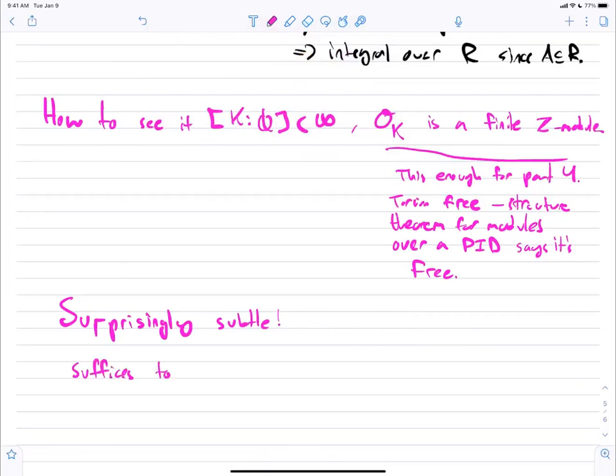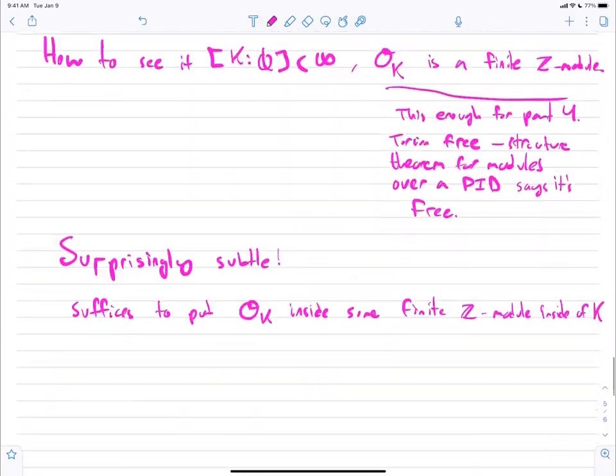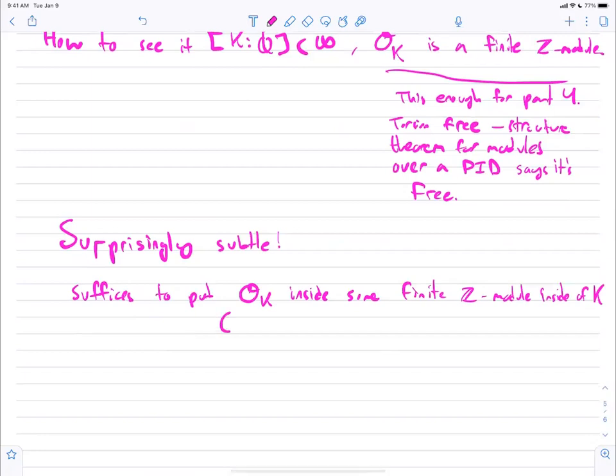to put O_K inside some finitely generated, some finite Z-module inside of K. Again, this is because Z is Noetherian.